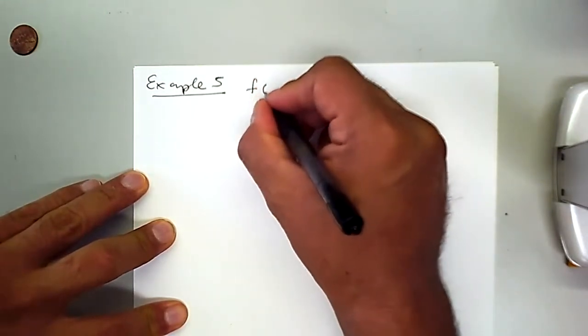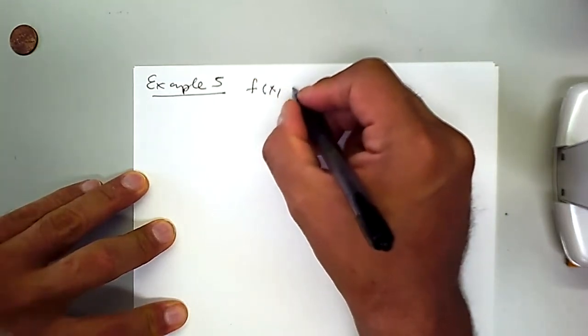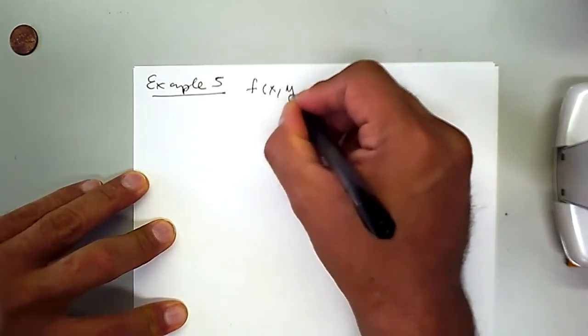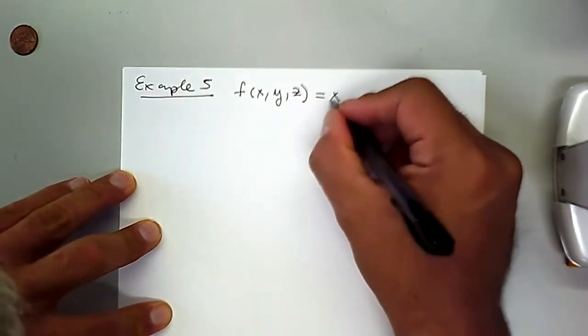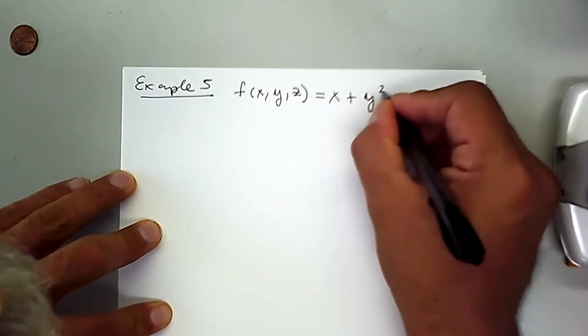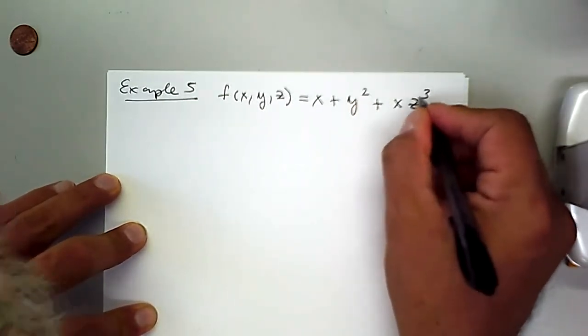F will be a function of three variables, x, y, and z, and it will be x plus y squared plus xz cubed.